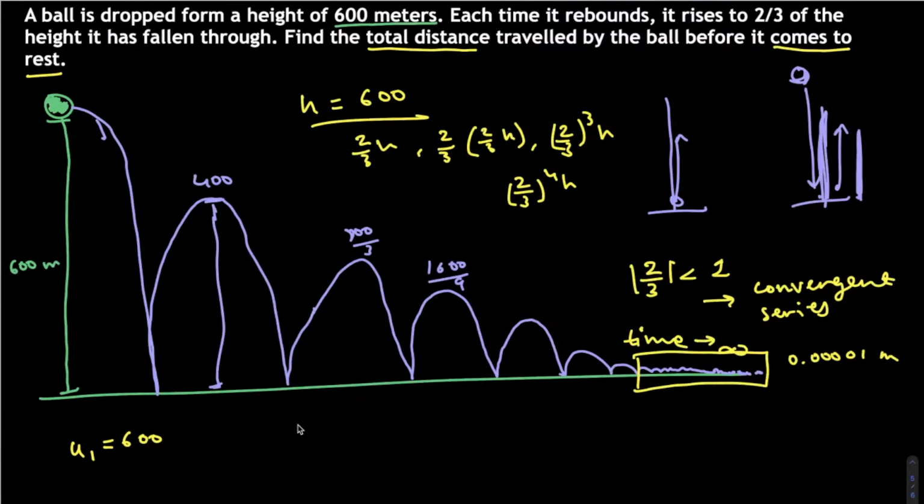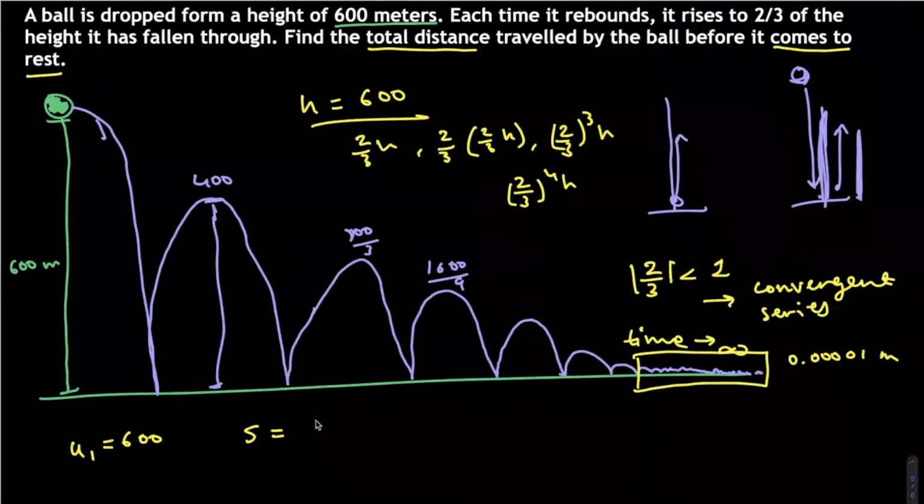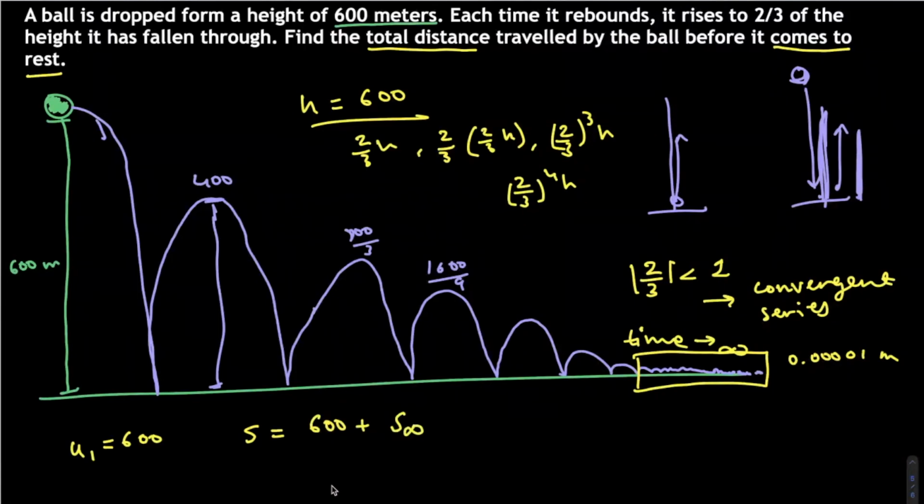So we can write sum to infinity, or we'll make a small modification. We'll write sum is equal to 600 plus sum to infinity, and I'll tell you why. I'm going to exclude this part and write it separately.